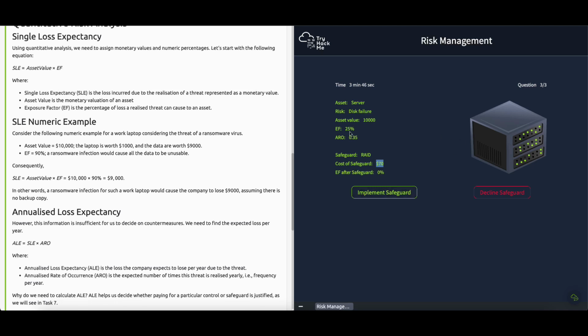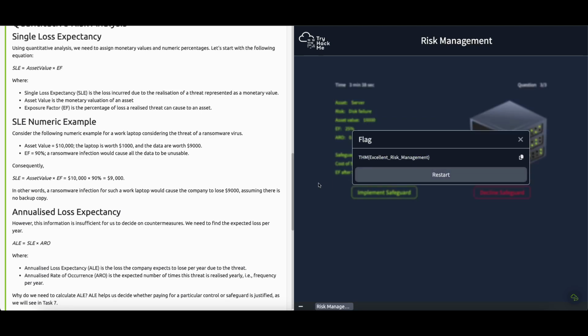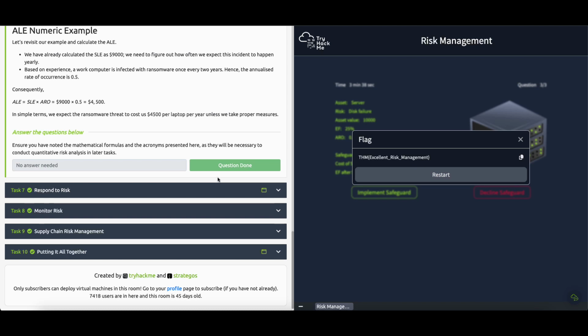And before the safeguard, the cost of this vulnerability is more than $70. Okay, so in this scenario we have to implement safeguard, and we finally captured our flag. It means we successfully did this practical question.